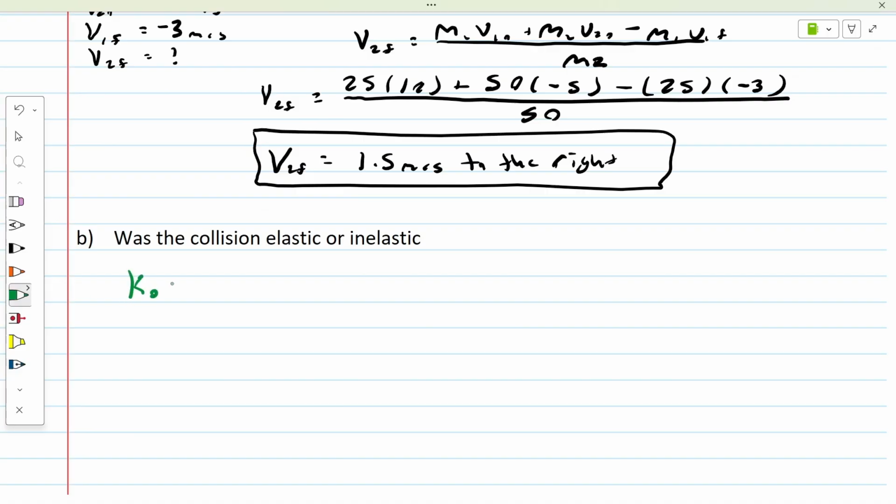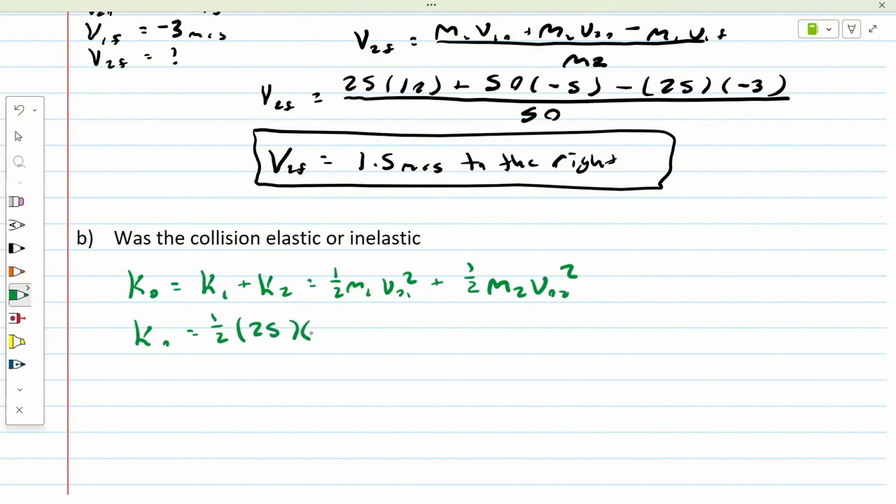So kinetic energy initial is equal to, obviously, the kinetic energy of ball 1 plus the kinetic energy of ball 2, which equals 1/2 M1 V0 1 squared plus 1/2 M2 V0 2 squared. And so we can go ahead and plug these in now. M1, which is 25, V0 1, which is 10, okay, M2, which is 50, V0 2, which is -5.